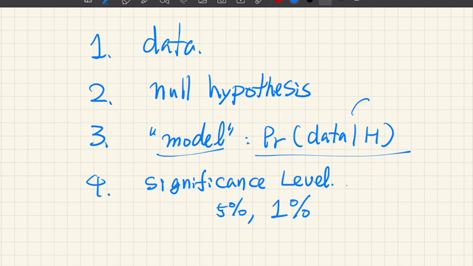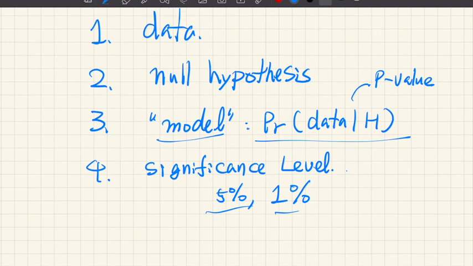By the way, this is called the p-value. But why 5% or 1%? Why not 1.5%? These exact values don't mean anything. If it's small enough, then that's okay. It's just a convention that we use 5 or 1%. So that's the basic logic of the traditional null hypothesis or significance test.